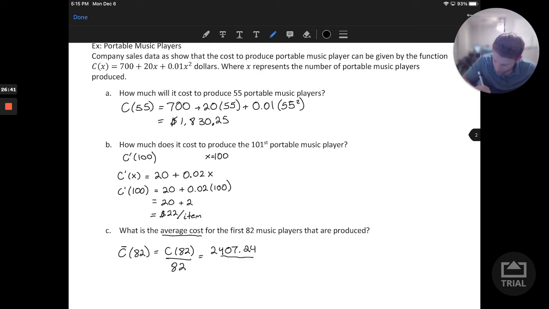And dividing by the number of items, 82, we can get an approximate solution rounded to the nearest cent. Looks like about $29.36, again, per item. So that would be the average cost per item for the first 82 items. So we have marginal cost, average cost, and then just the base cost or total cost.